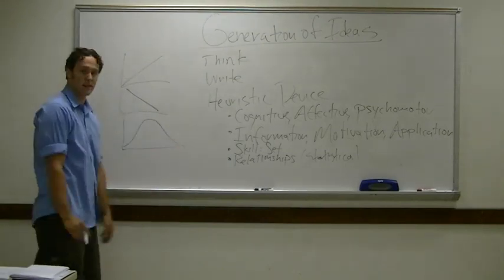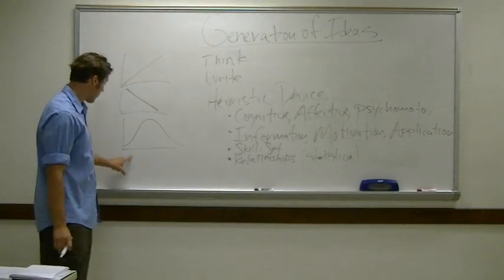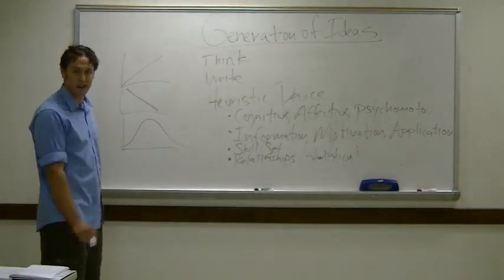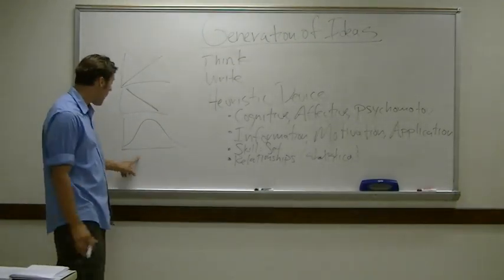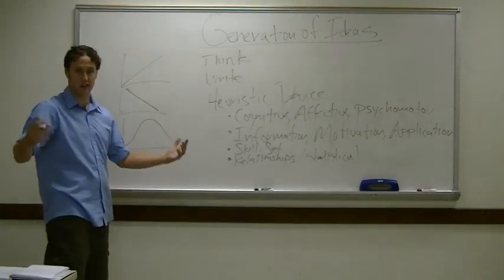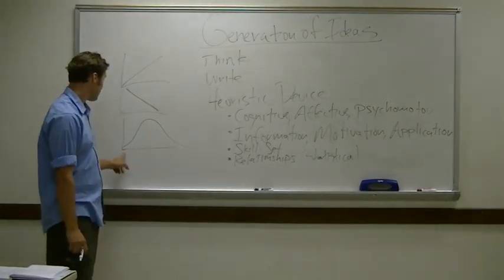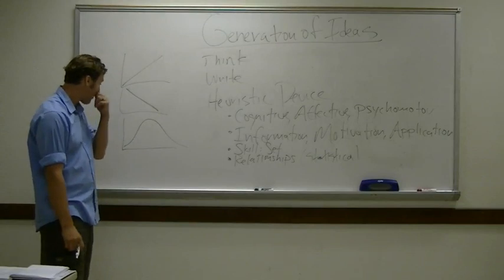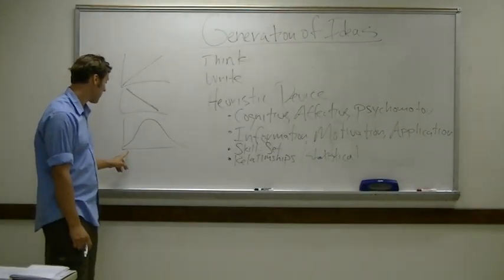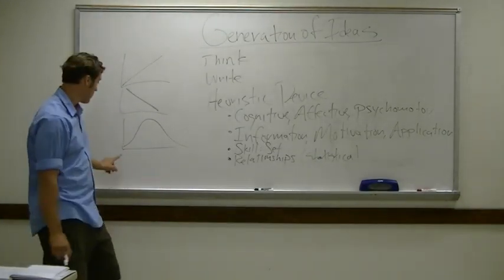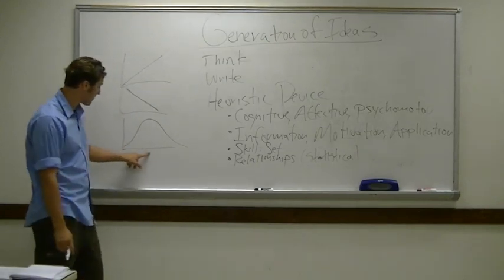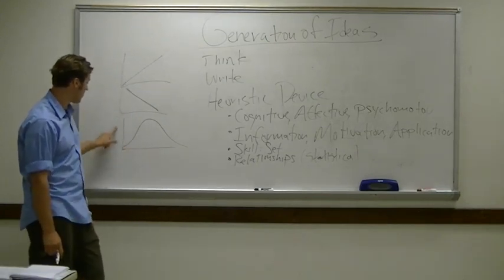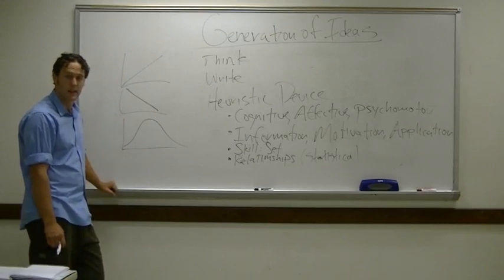It basically means that while this and this are related, where we're at determines whether it causes an increase or a decrease. Let me give you an example. Stress is on the bottom, and productivity is on the side.